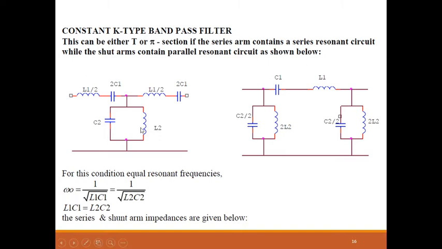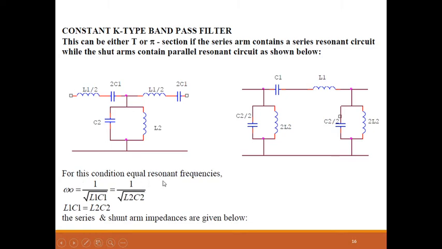At resonance, the inductive reactance and capacitive reactance cancel each other. In the T section, the series arm has series resonance and the shunt arm has parallel resonance. Similarly, in the pi model, this is the series resonance, and these two are parallel resonance.